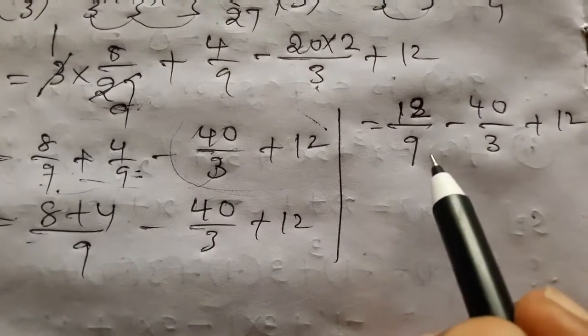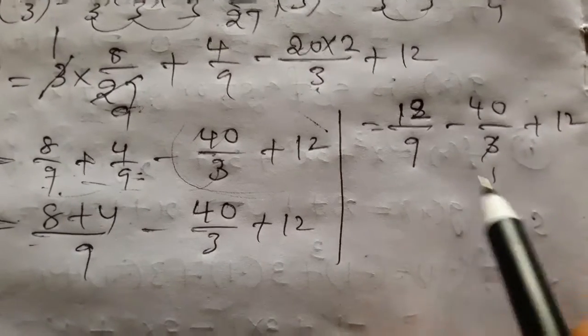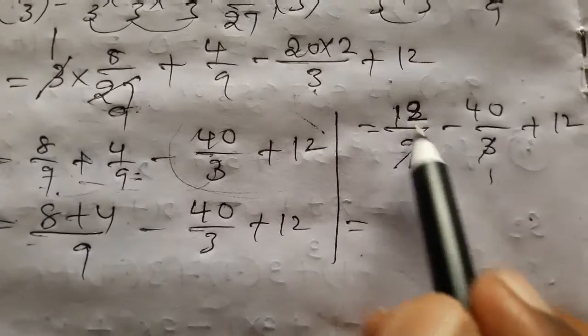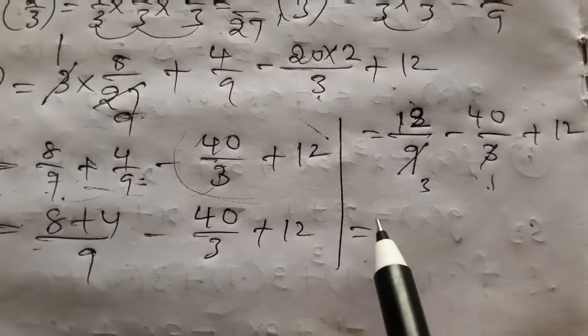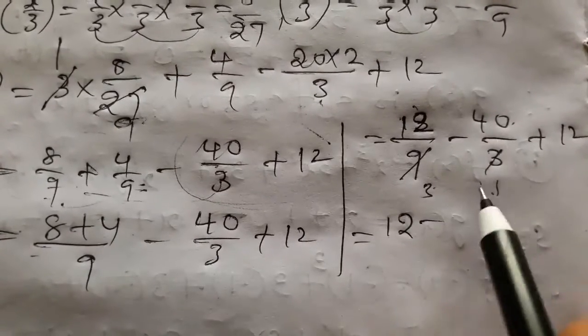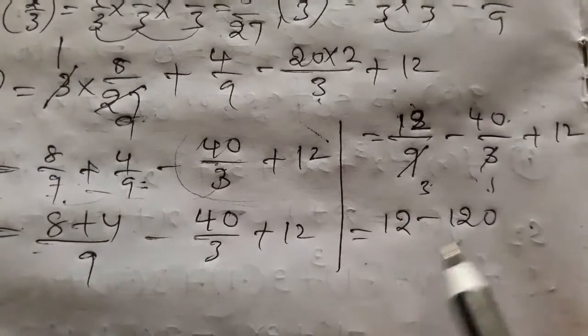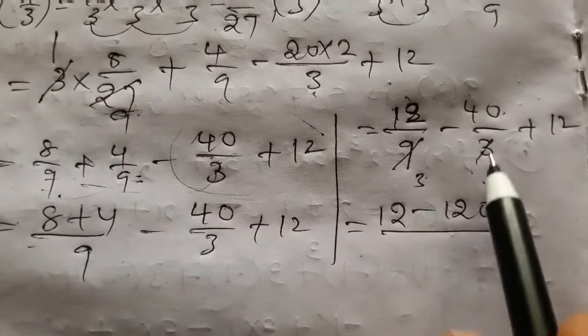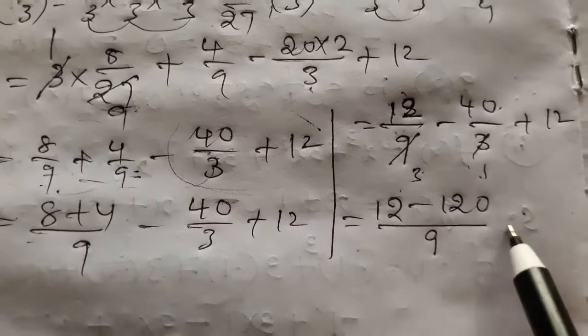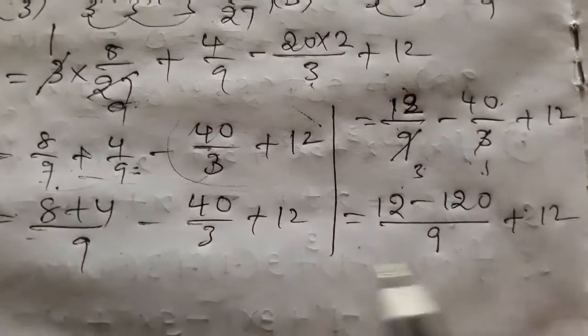Now see here, 3 ones are 3, 3 threes are 9. Simple LCM. 12 into 1, that means 12, 40 into 3 minus 4 3s are 12, that means 120 by 9, isn't it? Next, plus 12.